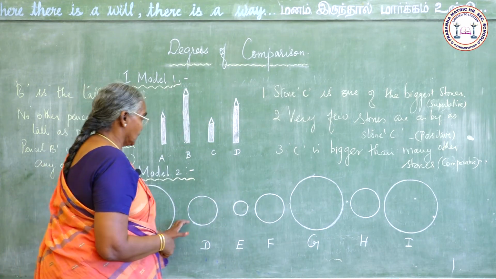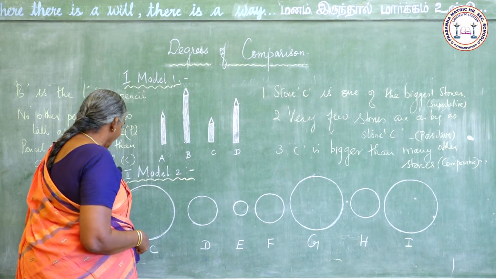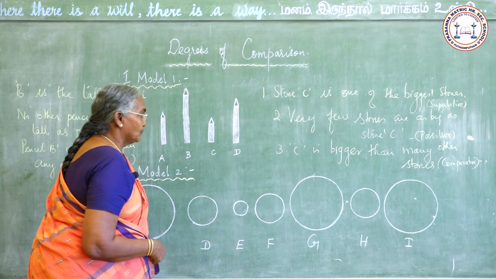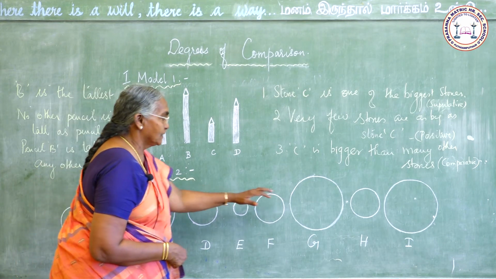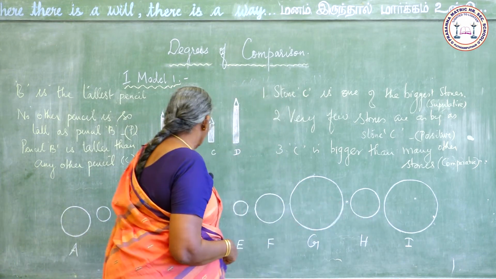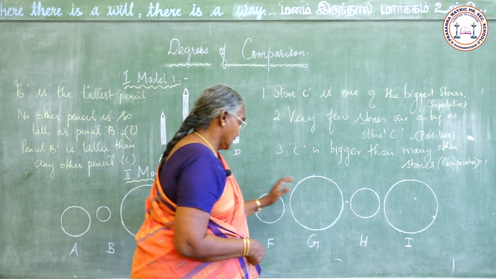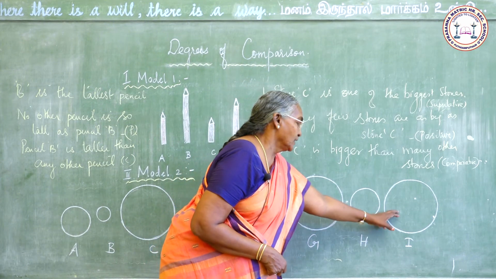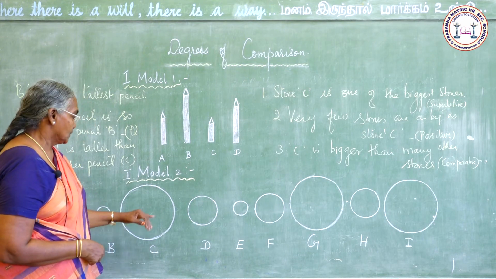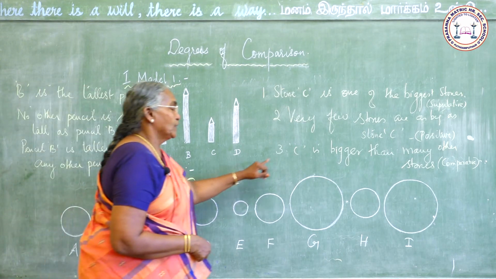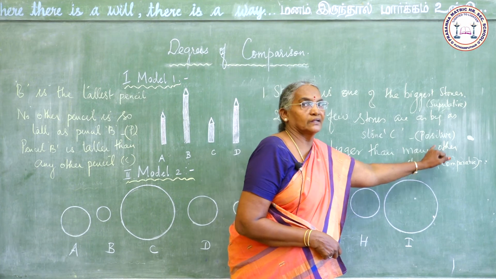These stones are small, and it is bigger than all these small stones. But there are some stones which are as big as C: G, I. They all have the same size. So C is bigger than many other stones.